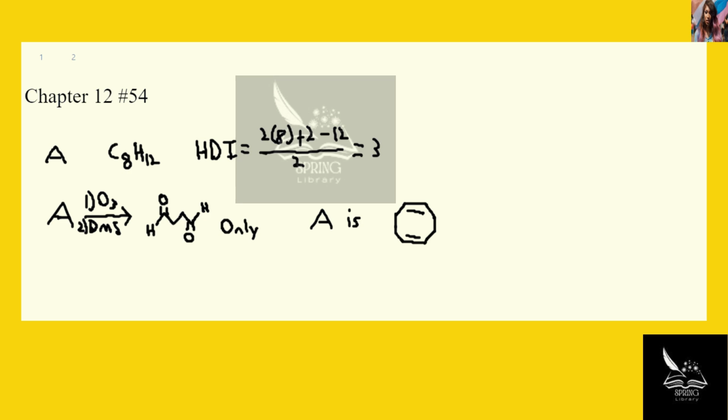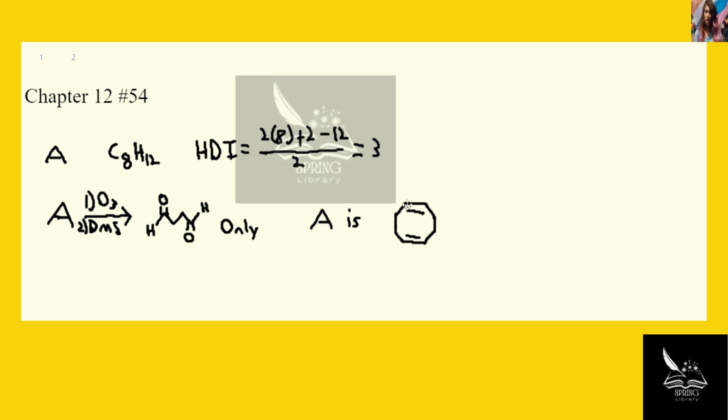And so just from that piece of information, that oxidative cleavage gives us just this molecule, we know that A has to be symmetric. The first thing that we might think to do would be to combine two of these dialdehyde molecules. Doing so would give us this 8-membered ring with 2 double bonds in it.